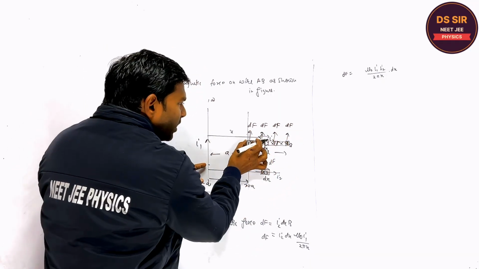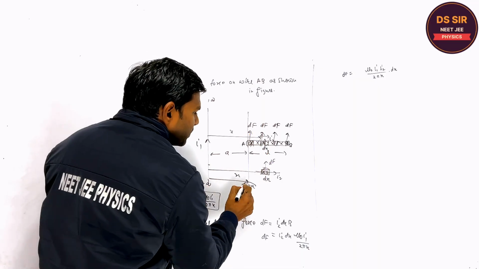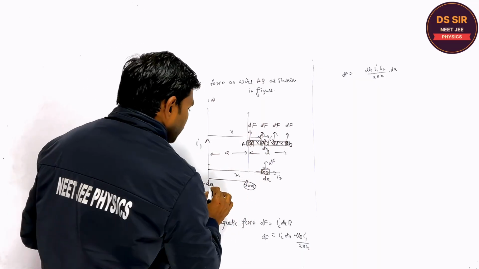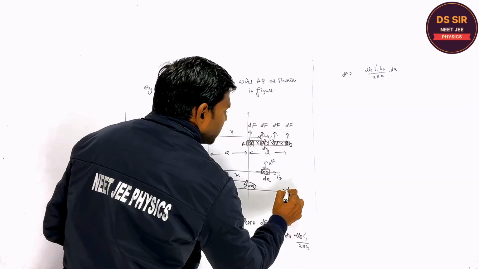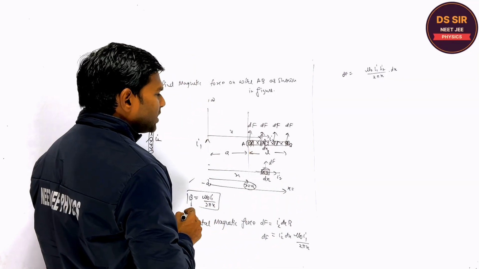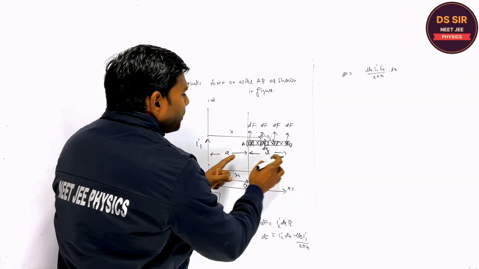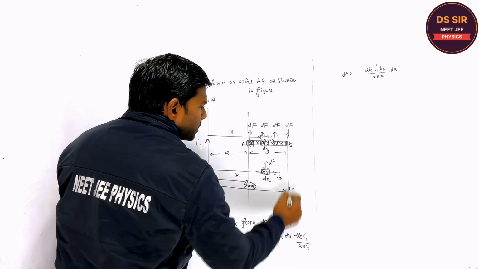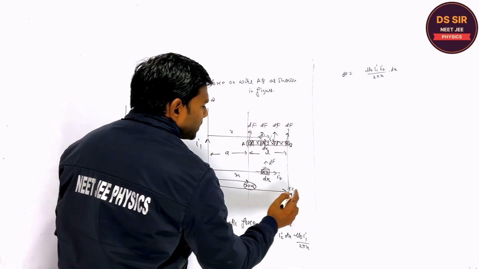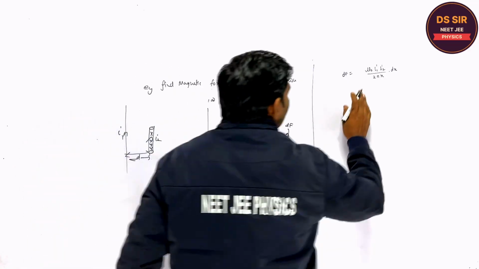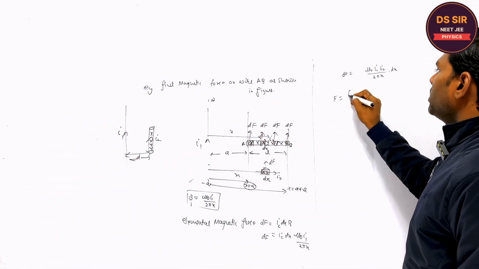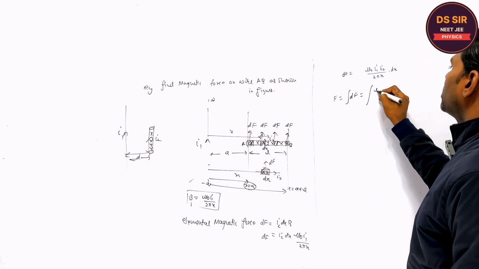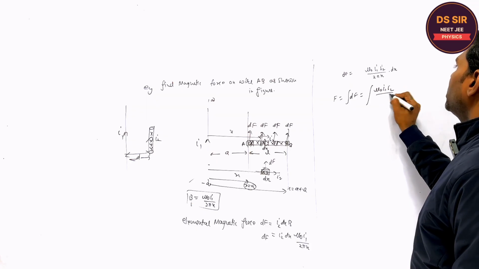So from where do these elements start? x is equal to a. Up to what x are these elements present? x is equal to b, meaning this distance. What is this distance? a plus L. So you have to integrate to find the net force, right? You have to integrate this expression.